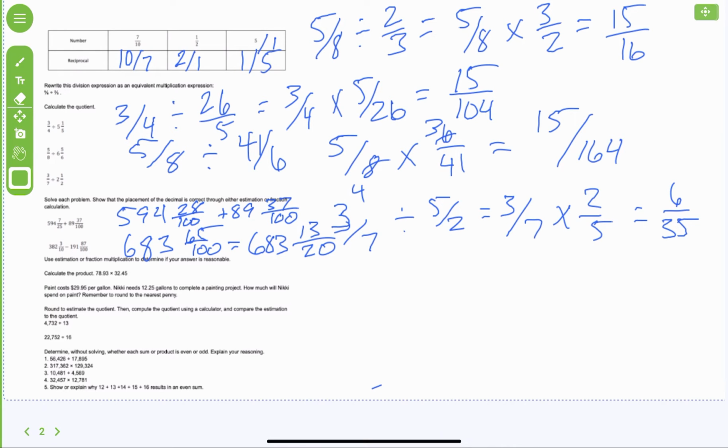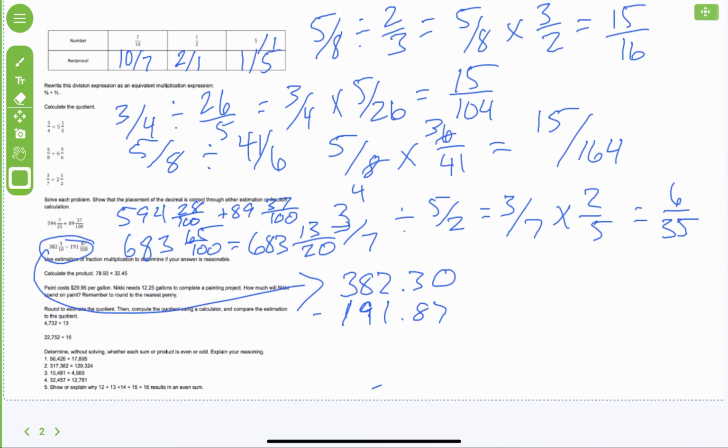Now, to do this next problem, that would be 382.3 minus 191.87, right?